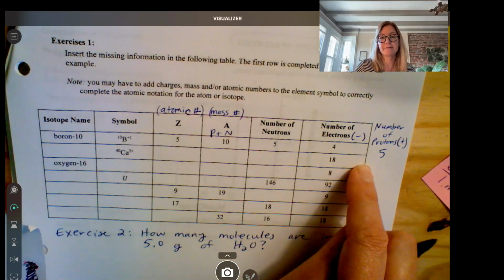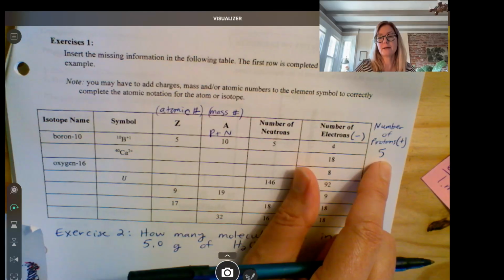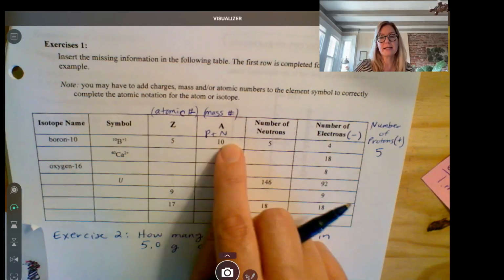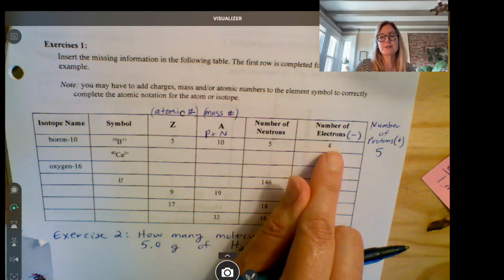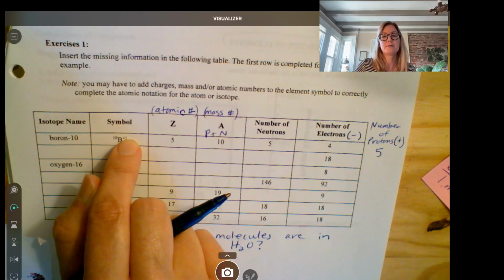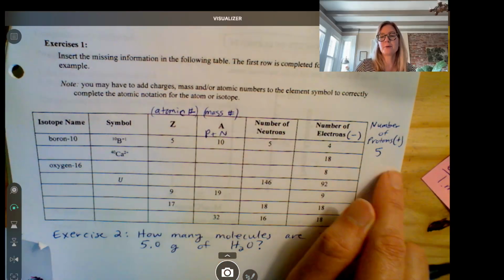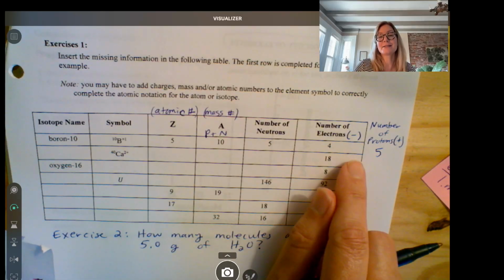So you can go ahead and write a 5 over here. The number of protons is 5, okay? And the number of neutrons is 5, so that adds up to the mass number of 10, okay? The reason why the electrons are 4 is because this has a positive 1 charge, okay? So normally it would have 5 protons and 5 electrons if it was an atom, but it has a positive 1 charge.